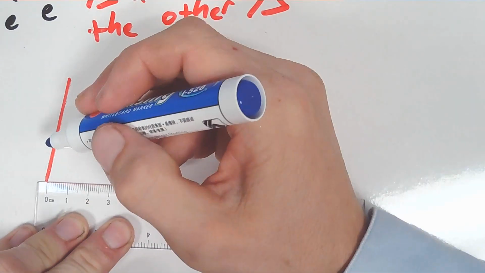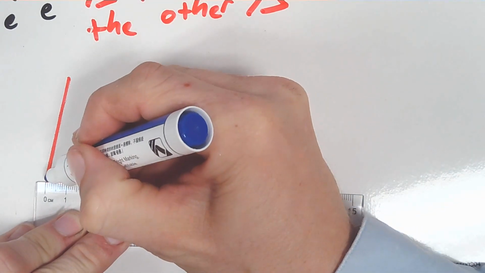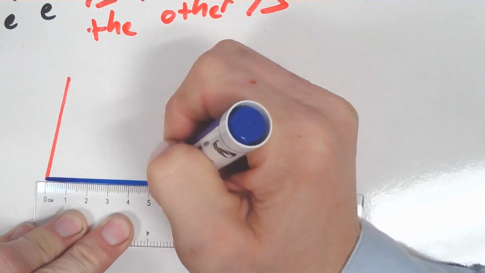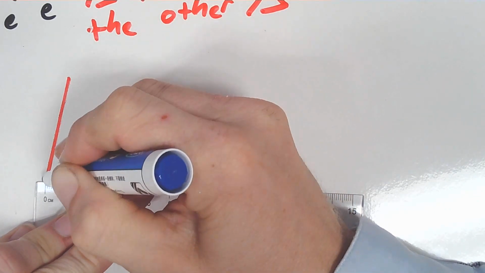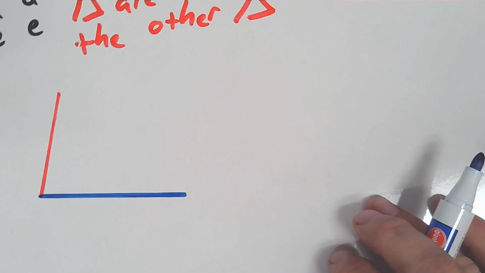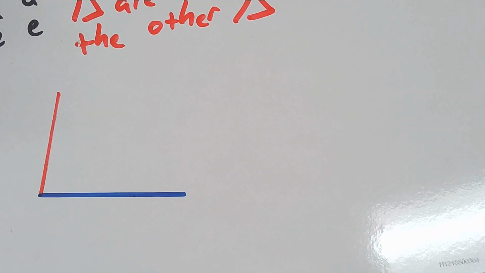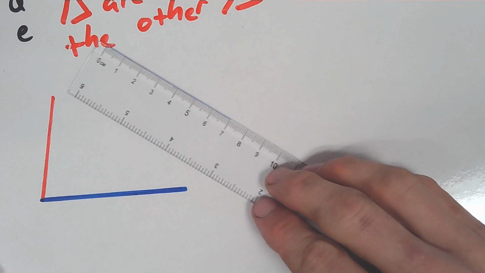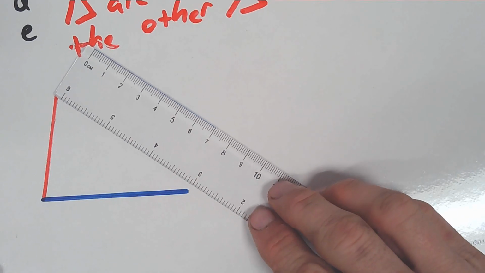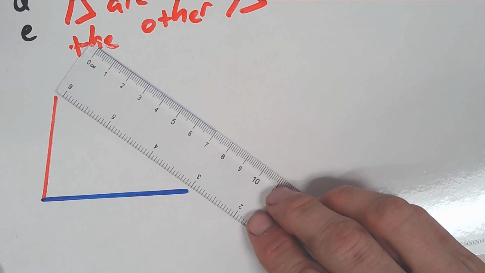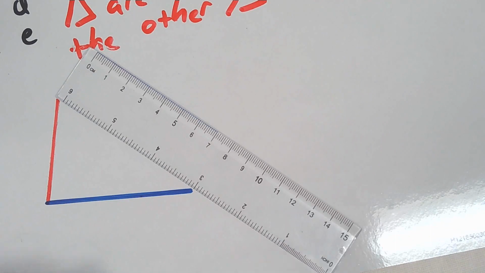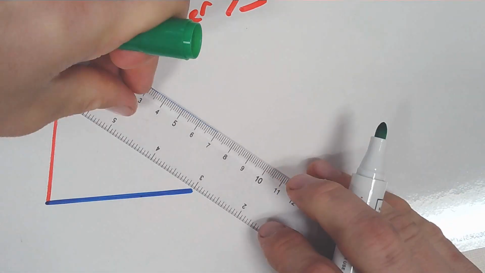I'm just making this up as I go, right? And I'll make it, I don't know, 7. Okay, and then I'll connect the two together with the green. None of these are right angles or anything. They're just a triangle.